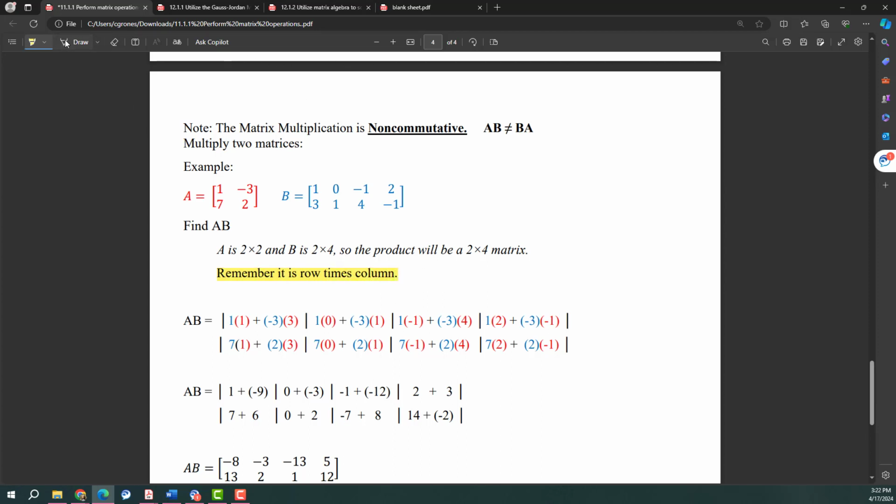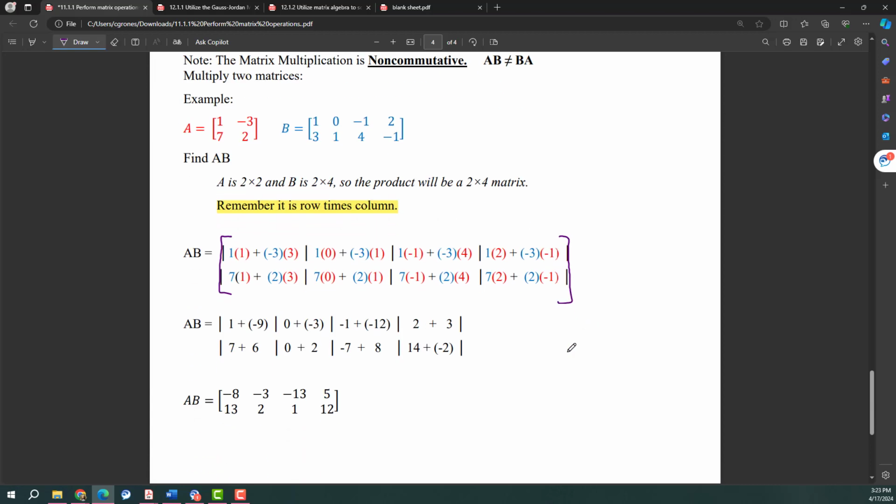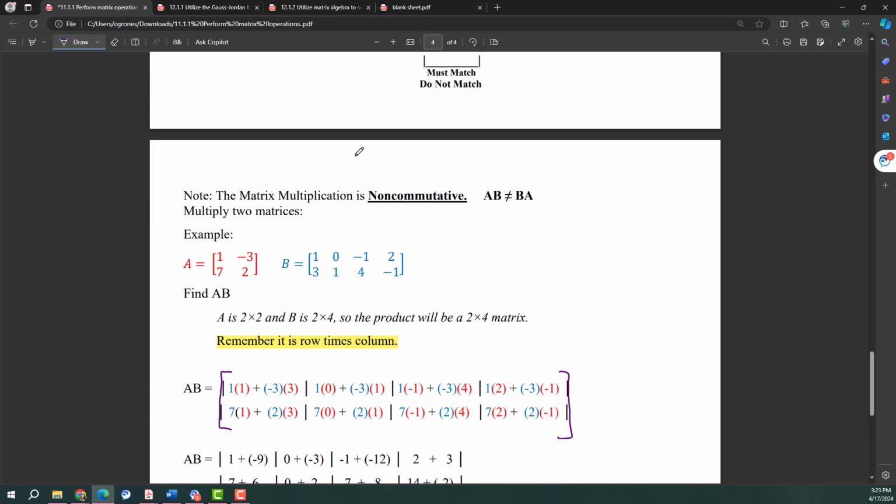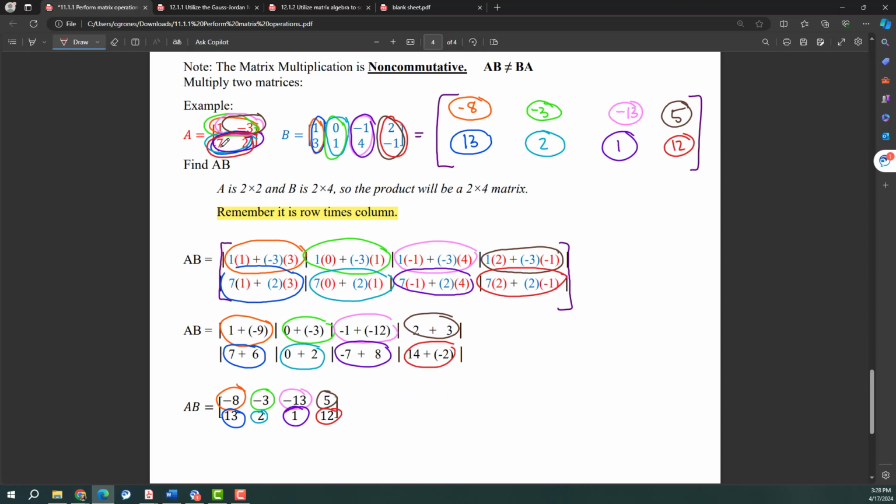So I'm going to rewrite this because this can be confusing. All right, don't let these lines confuse you. I know it kind of looks confusing, but let me just write it right here. So that is, if everything is kind of color coded with its position in the matrix, I will go over more in the homework.